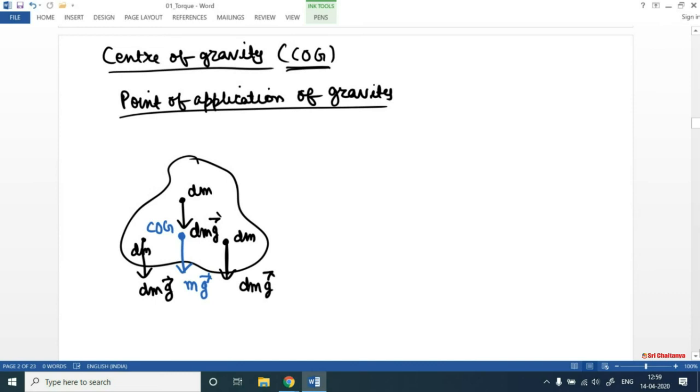So net torque, if we would like to write, would be nothing but r cross F. So you can write it as r cross dm times g, that is the force acting on each element, and the integral of this thing, since this is a continuous mass distribution, will give you the net torque.